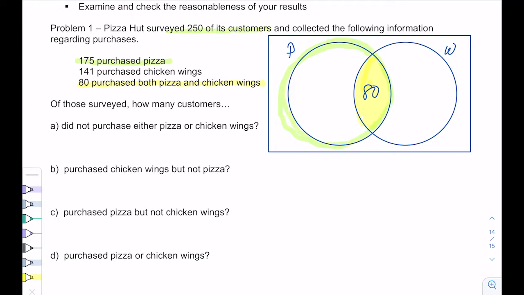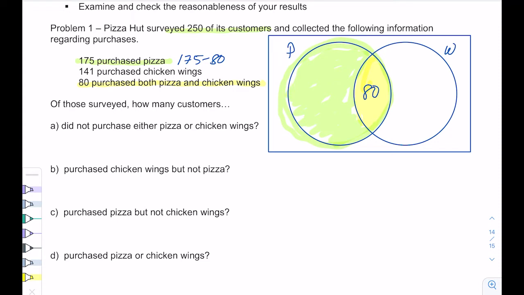And I know that that needs to add up to 175. So I'm going to take 175 and subtract 80. And that's going to give me the number of people who purchased pizza only. So that would be just this area here.